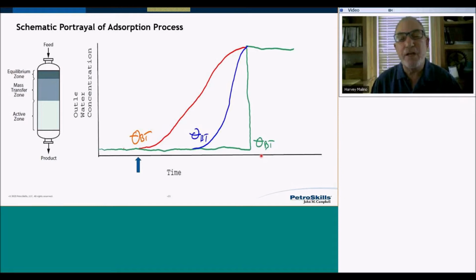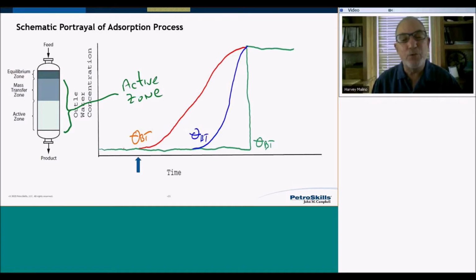The green curve shows what would happen if you have no mass transfer zone. In that case, this entire section, because I have no mass transfer zone, is an active zone. So you have a lot of material that is available for adsorption when you have no mass transfer zone.